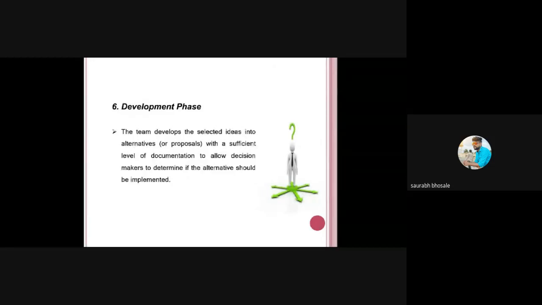So that is the next step, which we call the recommendation stage. The development phase includes analysis, confirmation, arrange and select.